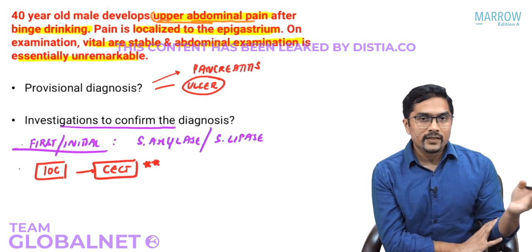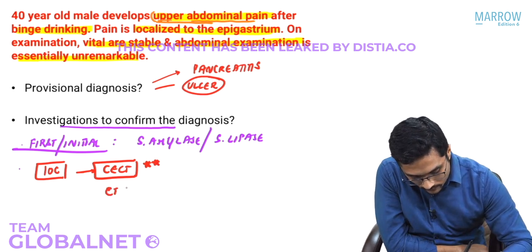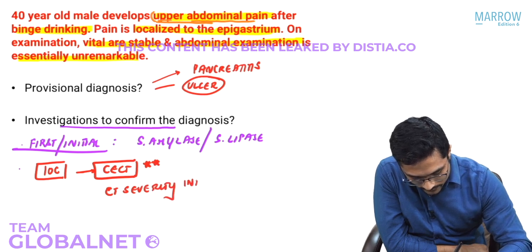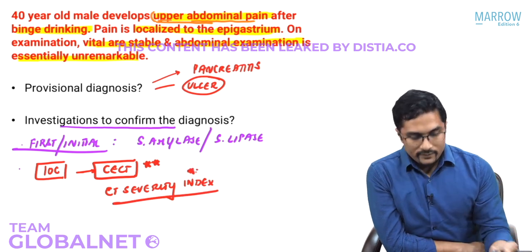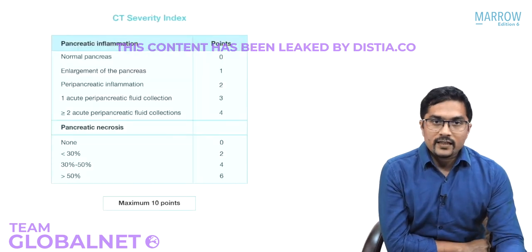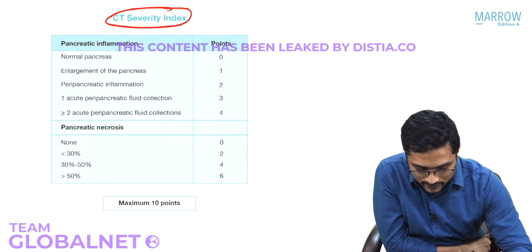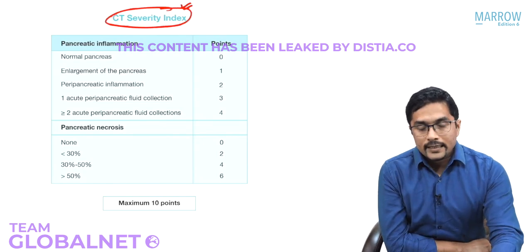There is a CT severity index, the Balthazar score. So it will tell us not only if there's pancreatitis, but also the CT severity score. So the investigation of choice would be CECT here. The CT severity index is the best scoring system to assess the severity of pancreatitis.